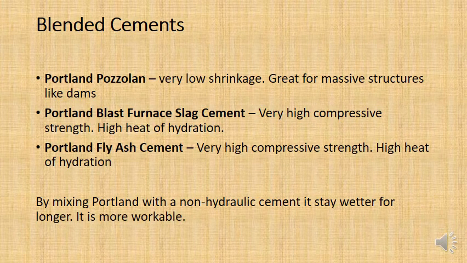So there's a few different kinds of Portland cement blends, and these are important because, you know what, pozzolan is just not available in Kurdistan. The only place I know in the region where they used Portland pozzolan cement is in the Mosul Dam. And they did that because they needed low shrinkage. They needed to make sure that the concrete wouldn't shrink.